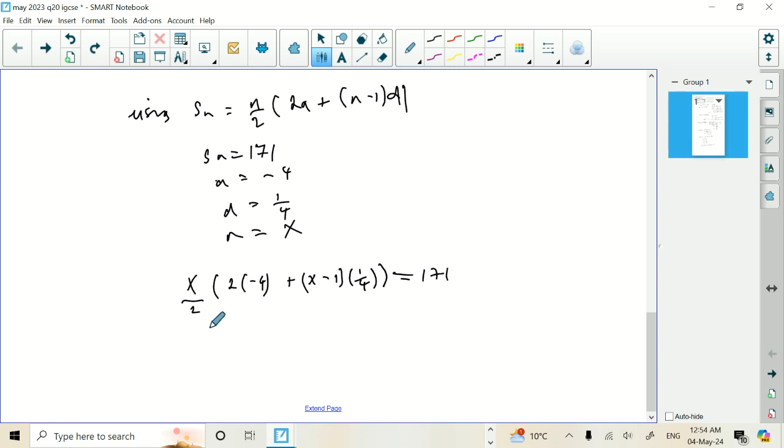Okay, so that gives me, let's leave x here, minus 8 plus x over 4 minus a quarter, and of course we've got to multiply the right hand side by 2. 171 times 2, that's 342.